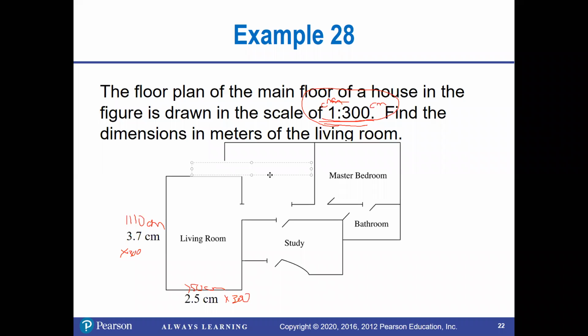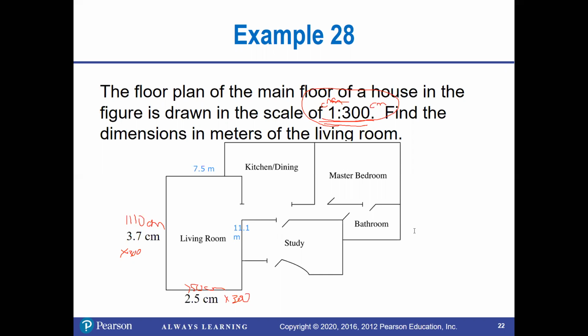So over here, how do I figure out how many meters? Well, if I have 750 centimeters, we can divide that by 100 centimeters in a meter, which means this is going to be 7.5 meters. Then we're going to take this one, and this is going to be 11.1 meters.